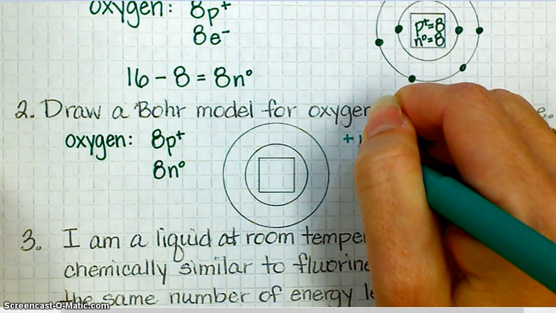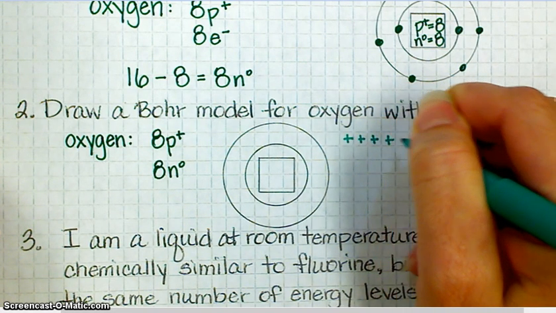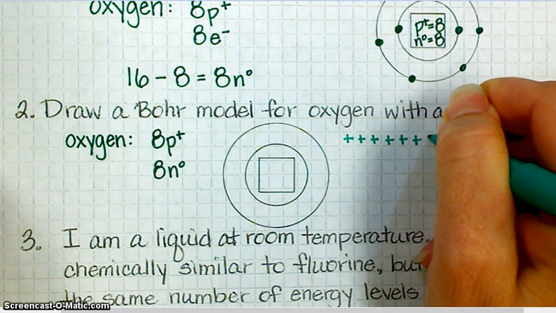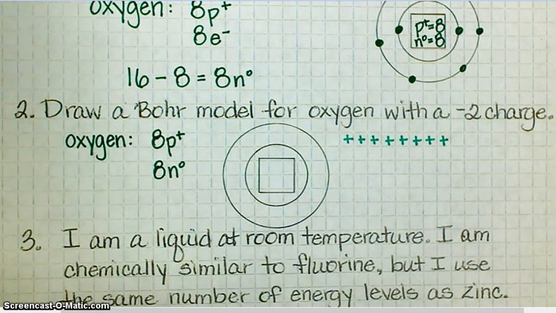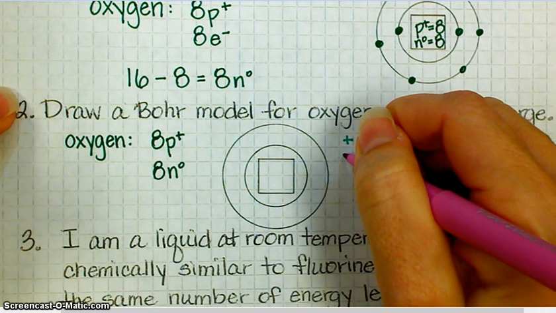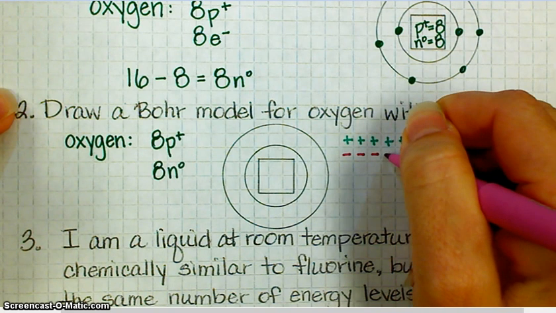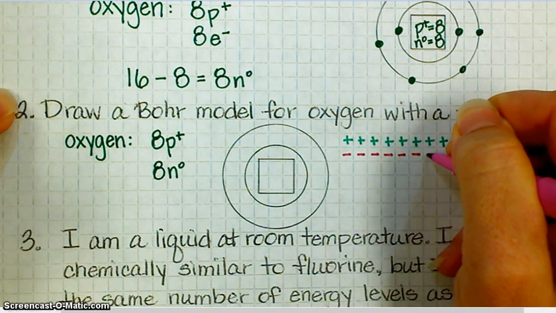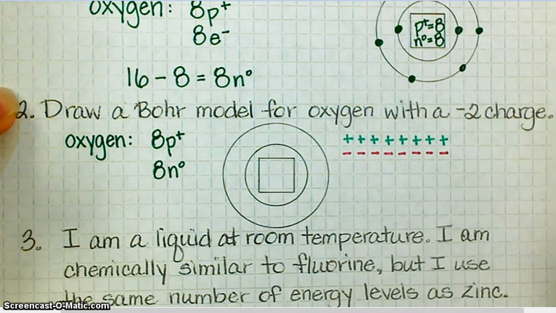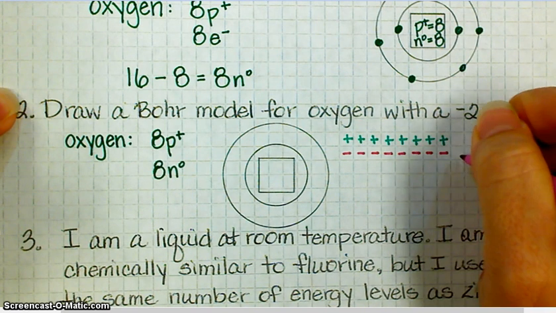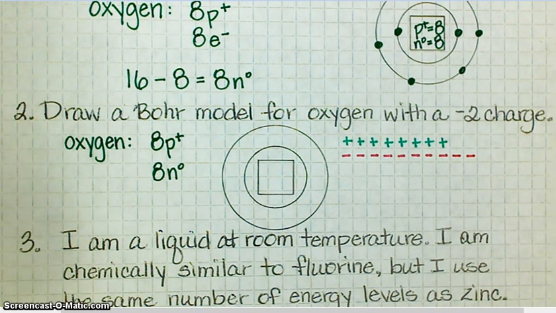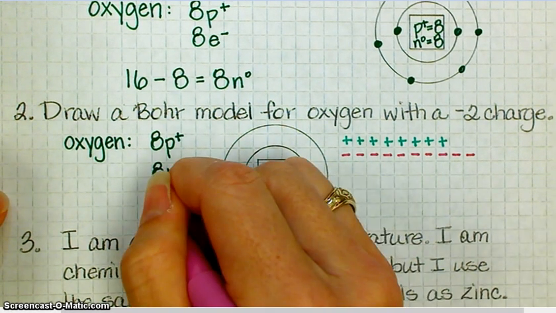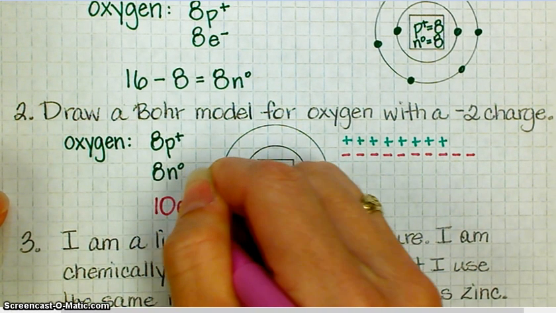So if we have 8 protons, then how many electrons do we need in order to have a -2 charge? Well, 8 electrons gives us a net charge of 0, so we would have to have 2 extra electrons to give us a -2 charge. So that's a total of 10 electrons in this situation.